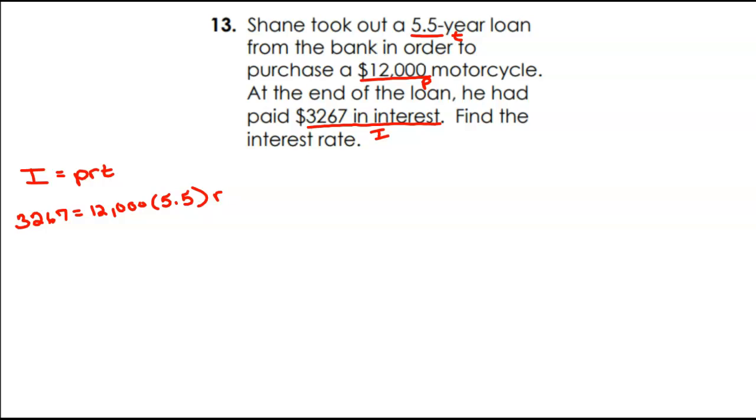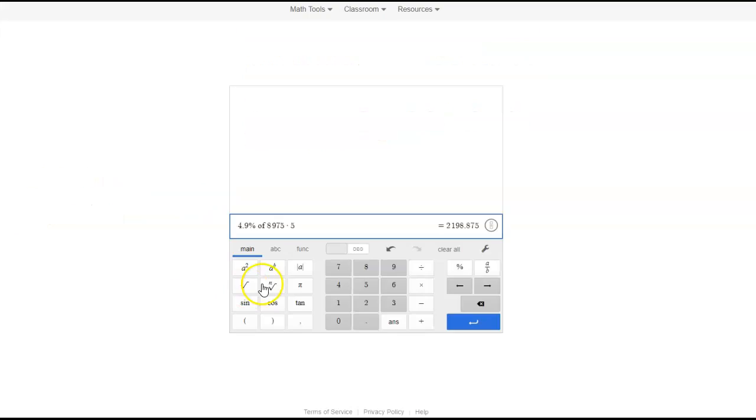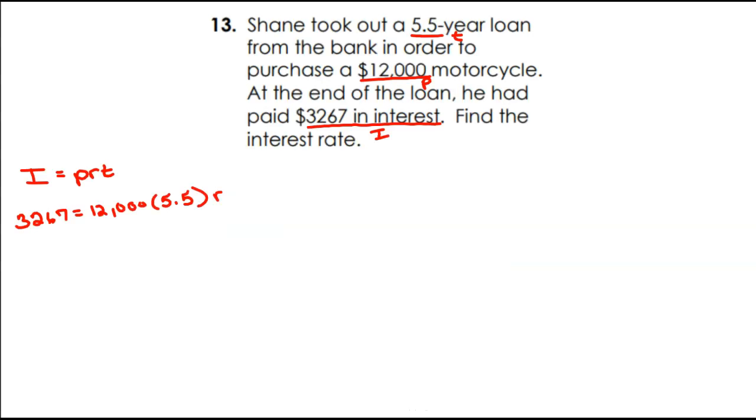First, I've got to simplify this part right here, the 12,000 times 5.5. And that gives me 66,000. So 3,267 equals 66,000 R. So now to get R by itself, I got to divide both sides by 66,000.